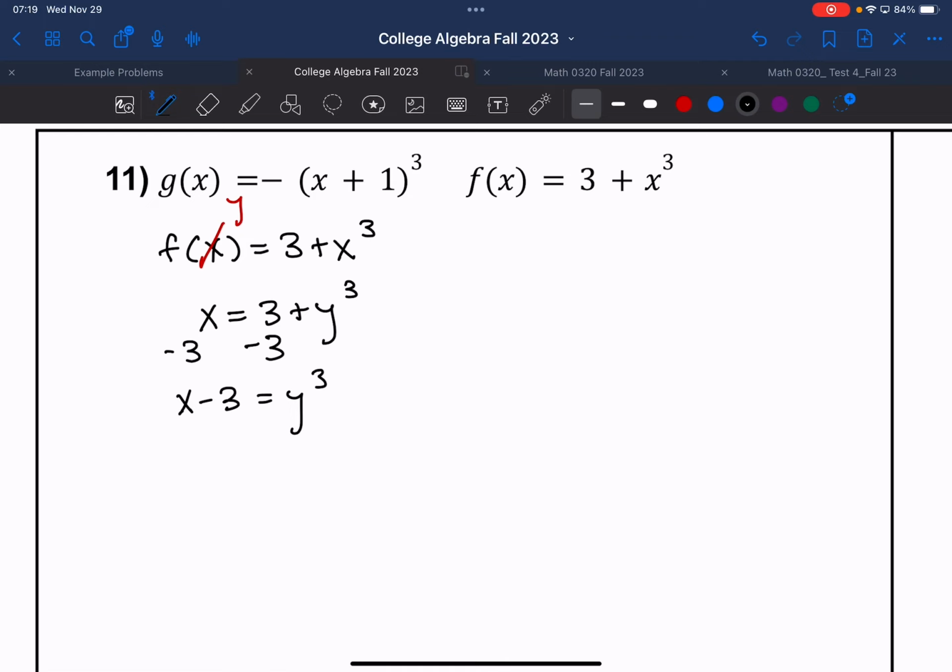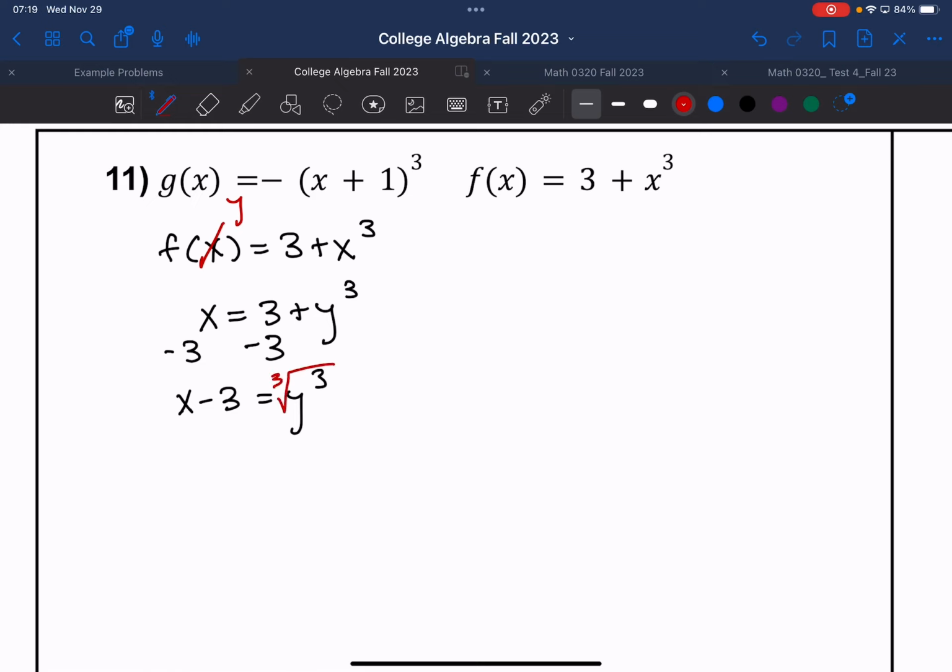How do I cancel out that cube? You guys remember? It's close. It's not the square root, but it has a radical in it. The cube root. We would take the cube root of both sides.